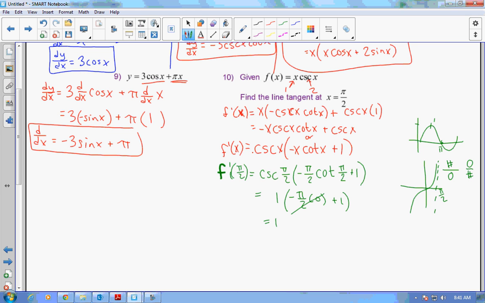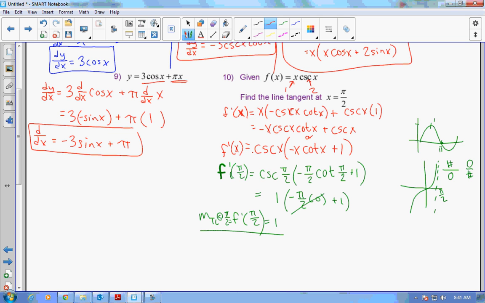Huh, all that work. But we're not done. What does this 1 mean? The slope of the tangent line at pi halves. Is that all it asked us? It wants the line, the equation. So this is the slope of the tangent line at pi halves.